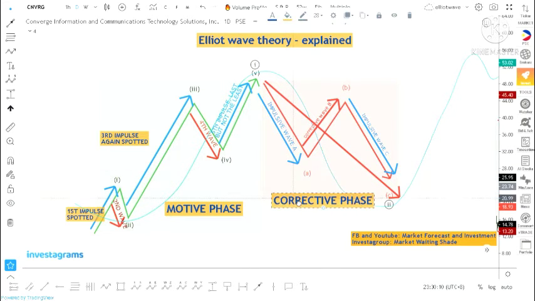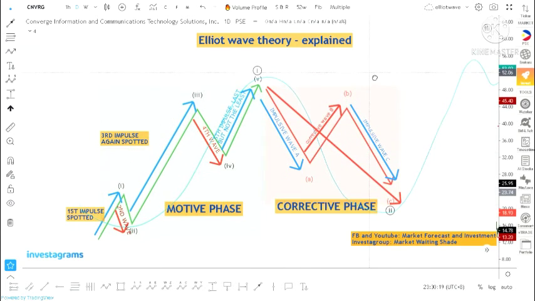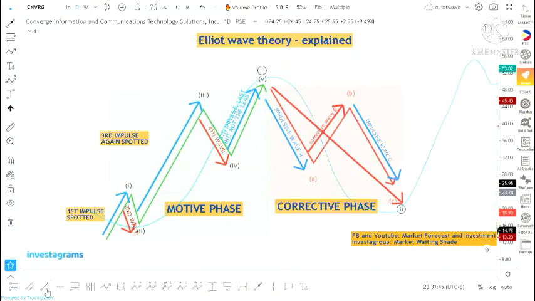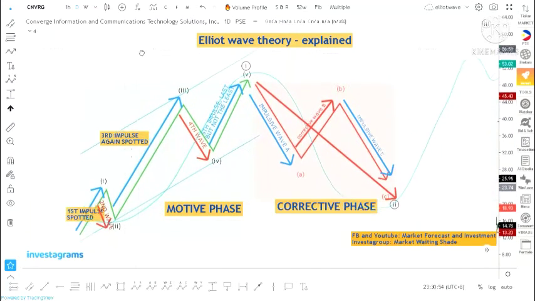For the next videos and tutorials, I will be tackling the different structures that our corrective phase is making. If it's a wave B, a wave 4, or a wave 2, what are the different structures that are forming? And if our waves are impulses, what are the different techniques and guidelines when the trend is in an uptrend?